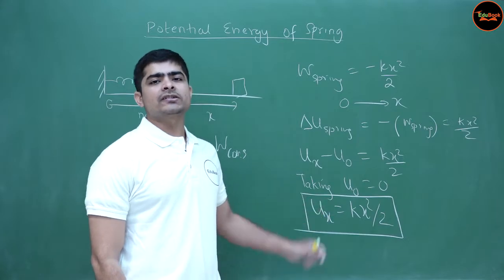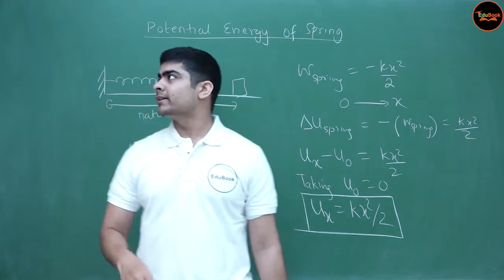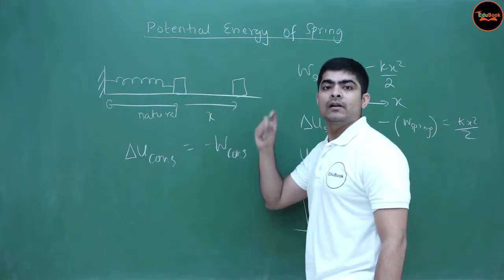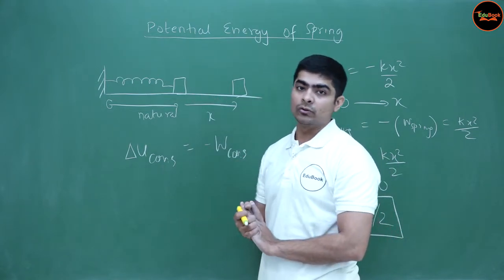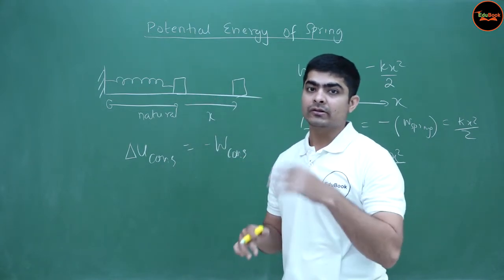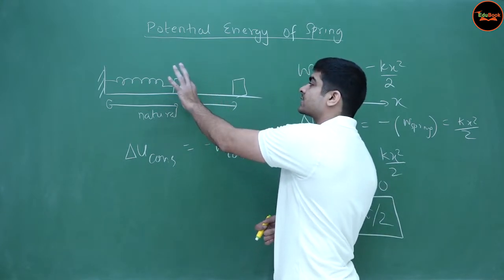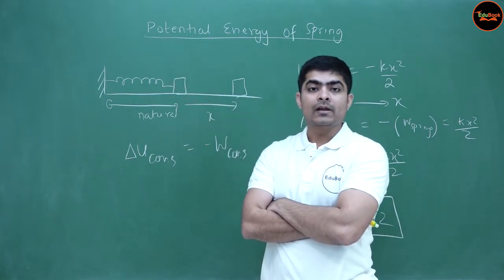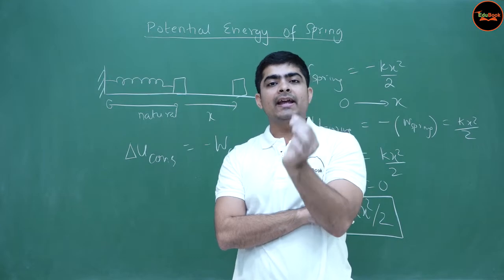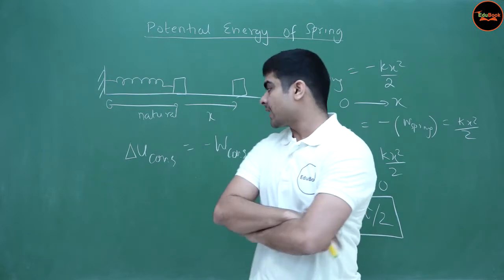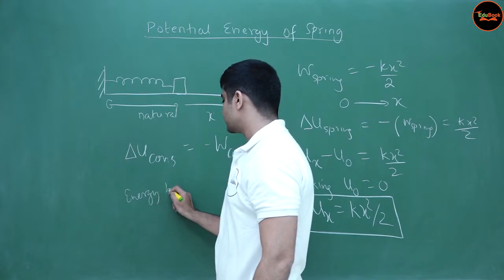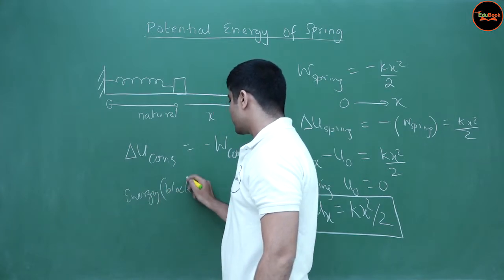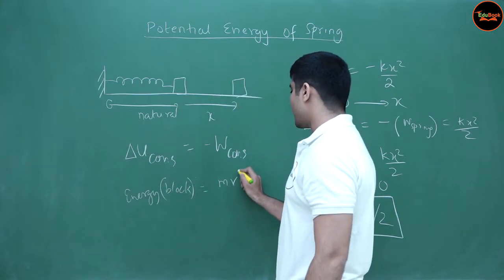Now, where is this potential energy stored? You see, when I move the block, what has changed? Has the shape of the block changed? No. Has the mass of the block changed? No. So there is no change in the block. The block can carry energy in the form of kinetic energy, mv square by 2.